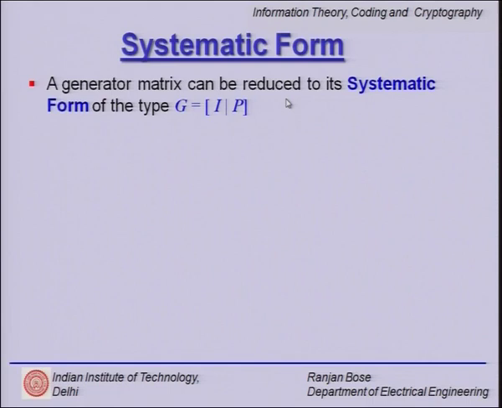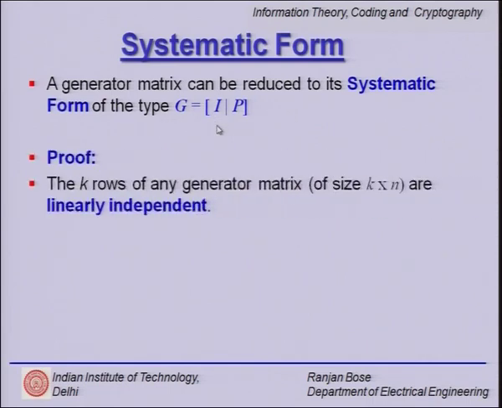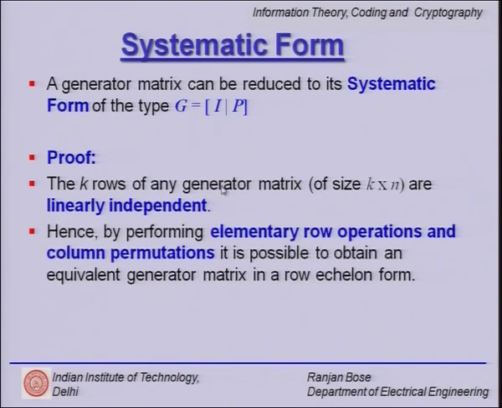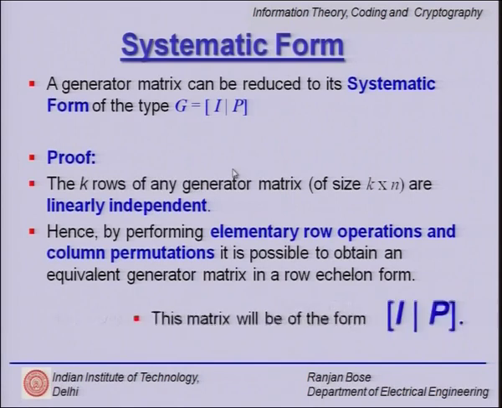So, a generator matrix can be reduced to its systematic form of this type, and you can prove this, because the k rows of any generator matrix are linearly independent. We have established that. In fact, the rows of the generator matrix form the basis vectors which generate the code words. So, hence by performing elementary row operations and column operations, we can always find a k cross k identity matrix right here, and whatever remains is the parity matrix.